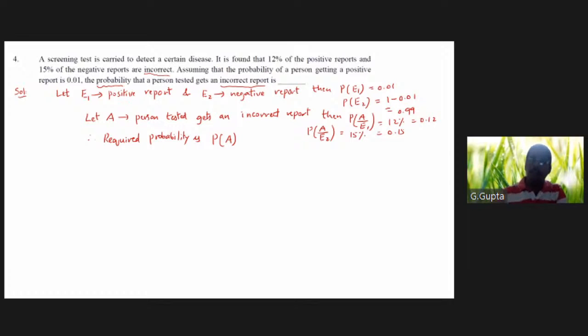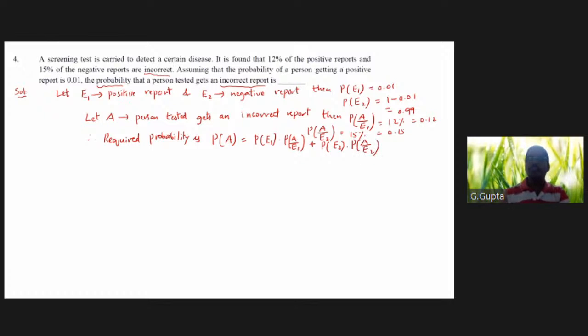Here it is not asked like that. That is the rule of total probability. So probability of E1, probability of positive report, into probability that the positive report is incorrect, that is A given E1, plus probability of negative report, that is E2, into incorrect report from negative report, that is A given E2.